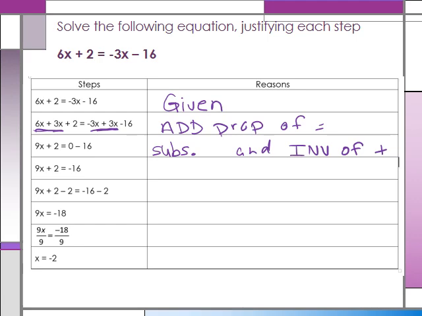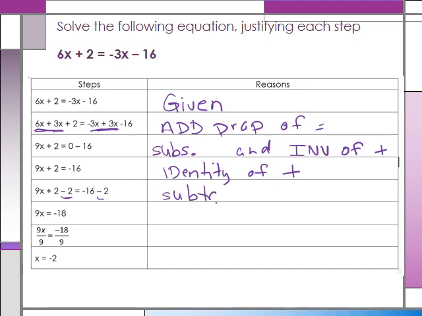So 0 minus 16, and the next step just becomes negative 16. Okay, and that has a property too. And that is the identity of addition. Now we are subtracting 2 from both sides, so that's subtraction.